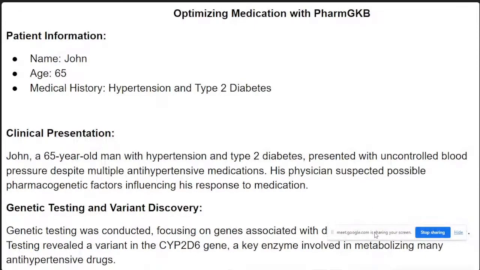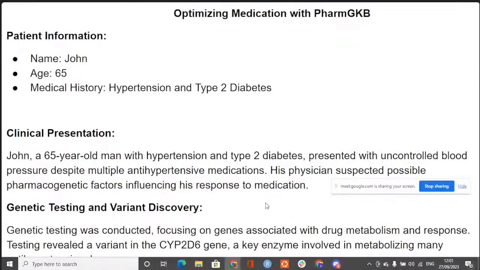While doing genome analysis and genetic testing, the physician was able to find the CYP2D6 gene. CYP2D6 is a cytochrome enzyme that tends to activate the antihypertensive drugs, some of which John is taking. So his physician found out that there's a variant in John's CYP2D6.